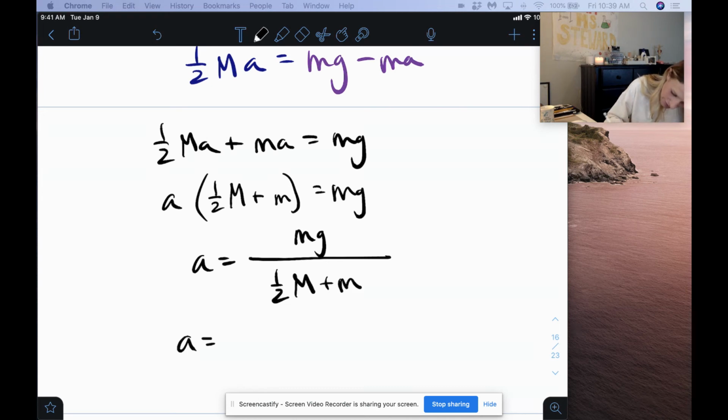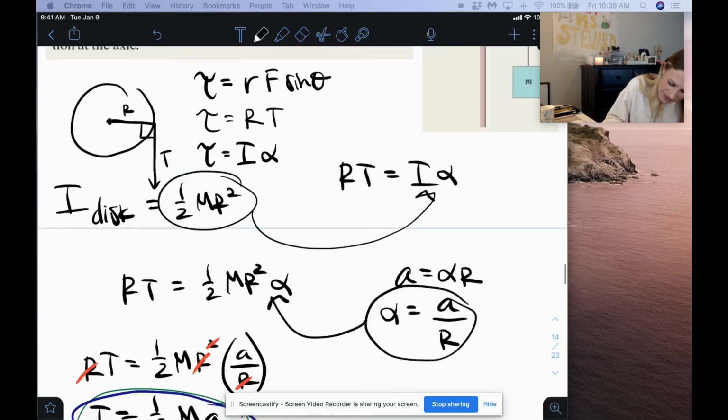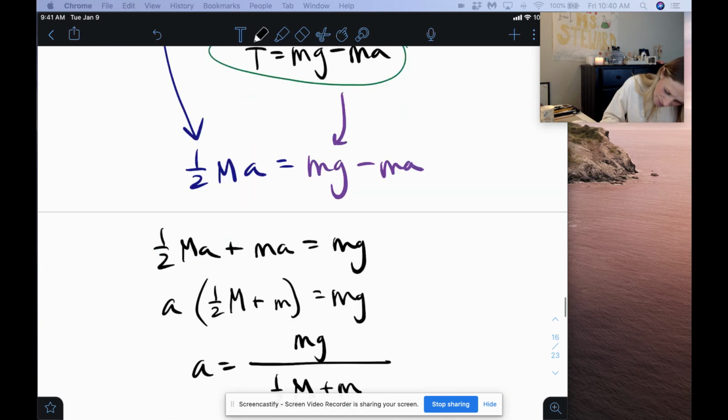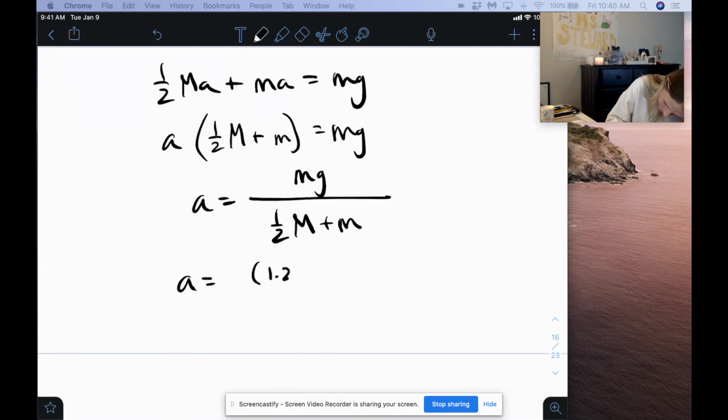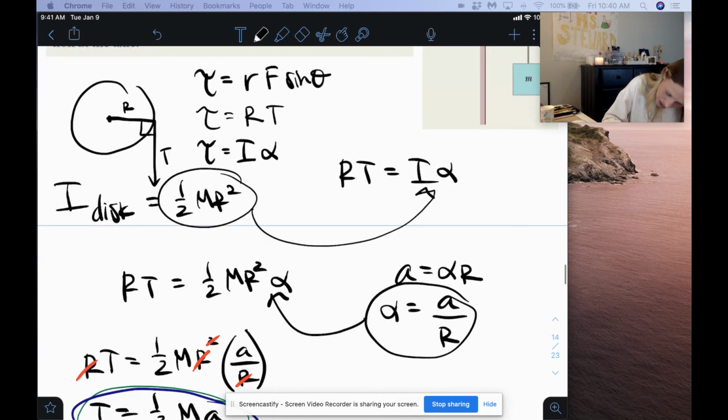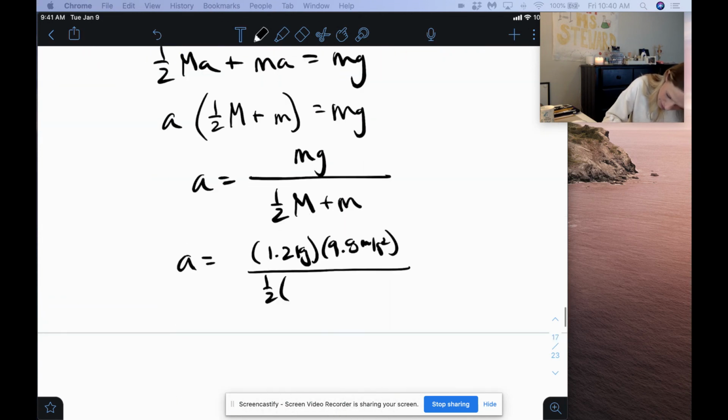And so solving for linear acceleration, I end up getting the little mass, so the mass of the block, which was 1.2 kilograms, times 9.8, our acceleration of gravity, divided by 1/2 times big M, which was the mass of the pulley, which was 2.5 kilograms, plus little m, which was 1.2 kilograms.